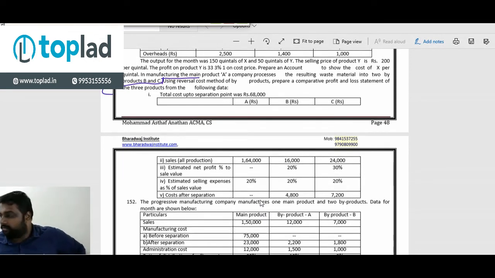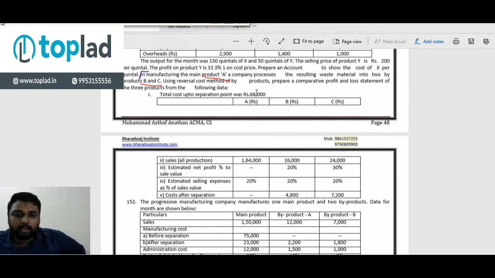See, actually, from here the question starts. In a manufacturing process, the main product A and 2 byproducts B and C. So the main product is A. Byproducts are B and C. Are you ready?